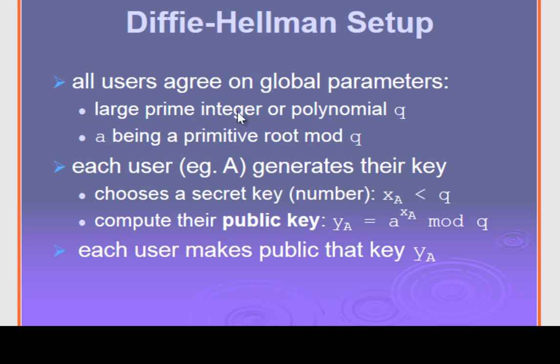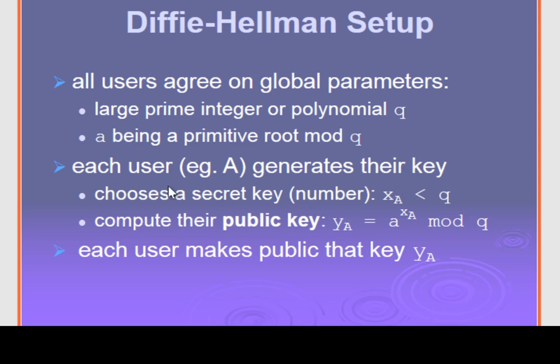They first choose a large prime number or a polynomial, which is q, and they calculate a value which is a primitive root modulo q, that is a. So they calculate a value which is a primitive root mod q.